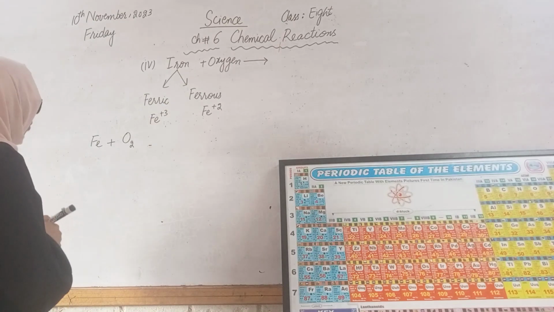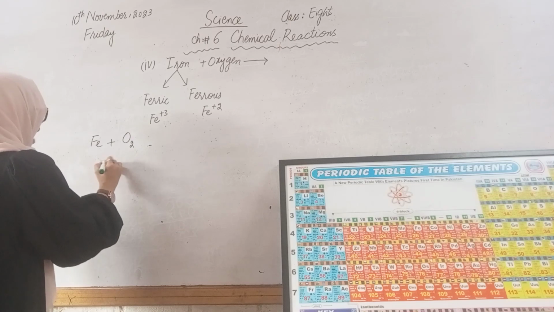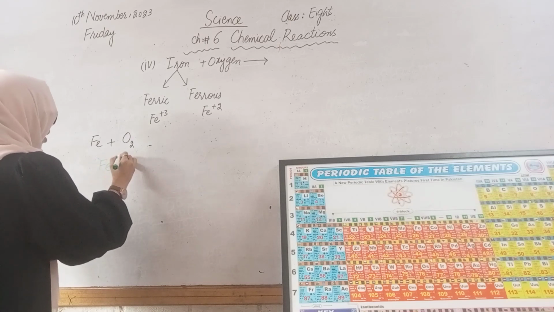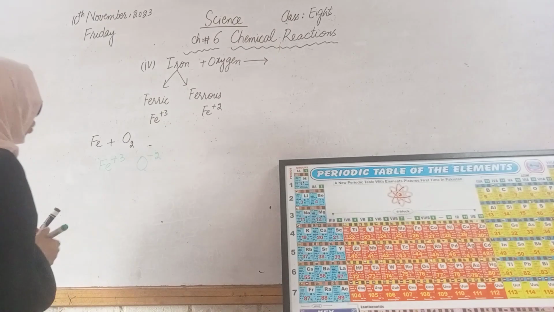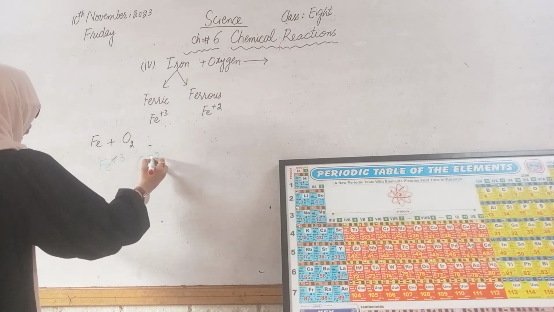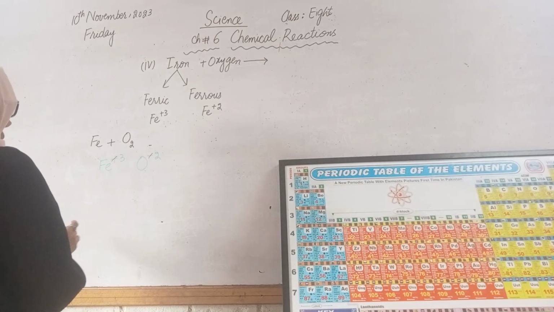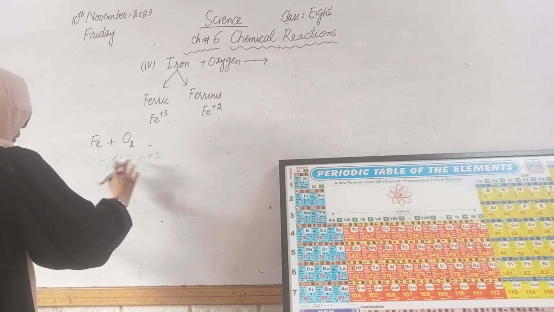So we will do the chemical reaction with the help of charges. Fe has charge +3 and O has charge -2. The opposite signs will be crossed with each other, and you know that these two are not the same number.